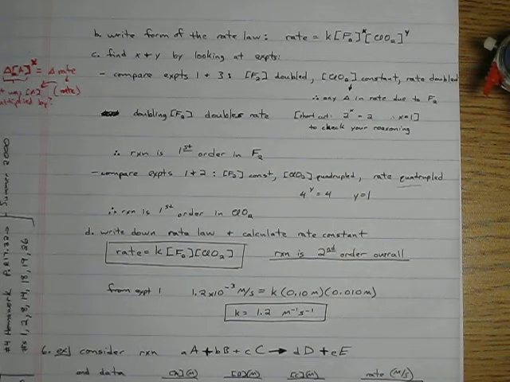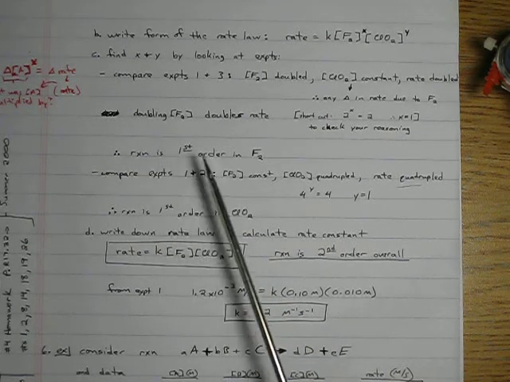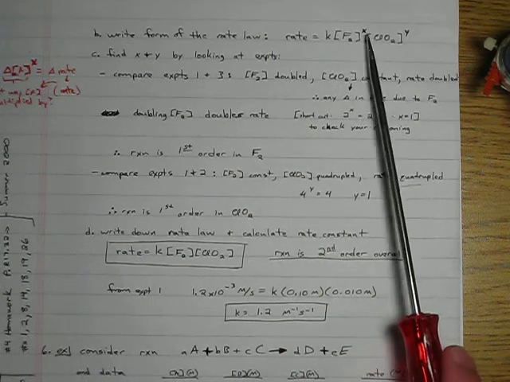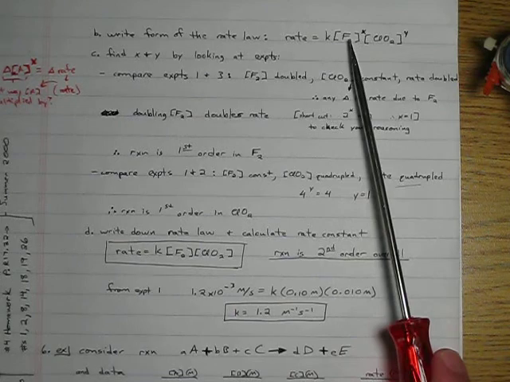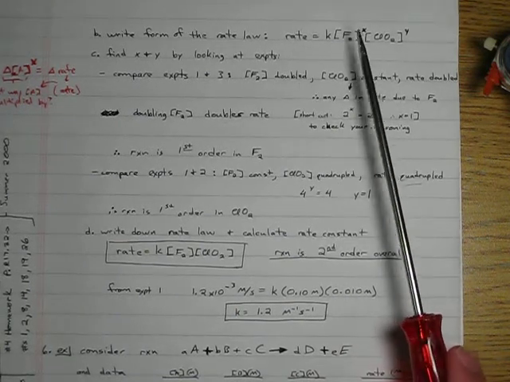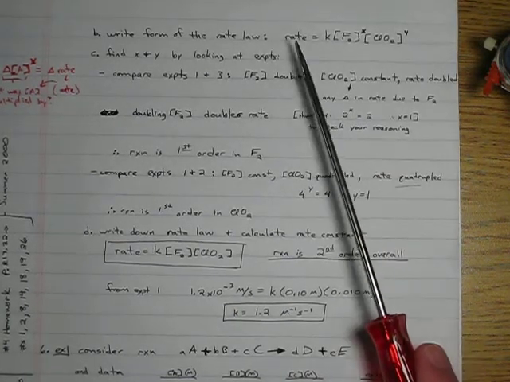All right. X equals 1, which means the reaction is first order in F2. I now know that this X up here is 1, because doubling the concentration of F2 doubled the rate. 2 to the first power is 2.